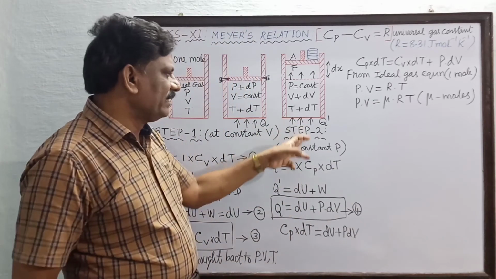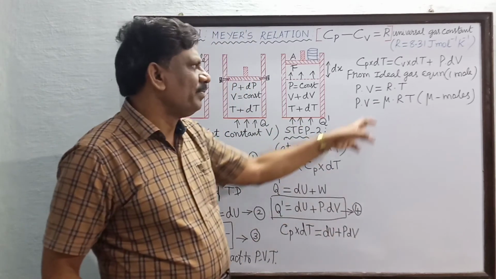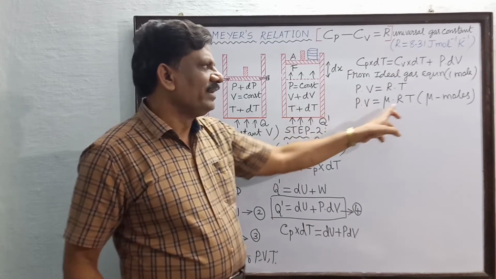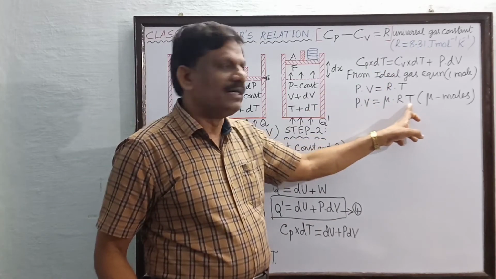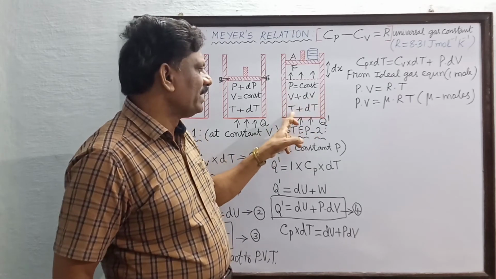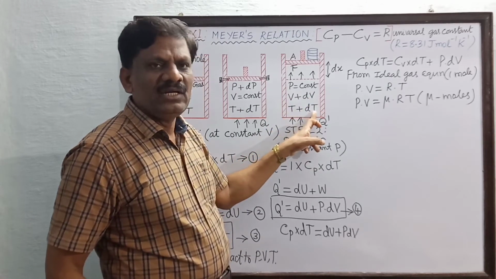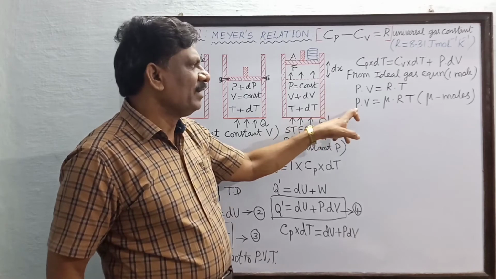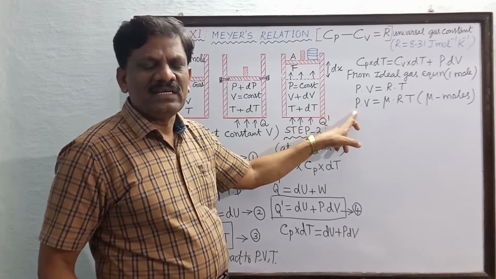Now in the second step, volume is a variable, temperature is a variable, because volume changes from V to V plus dV, temperature changes from T to T plus dT, keeping the pressure constant. Is it not?